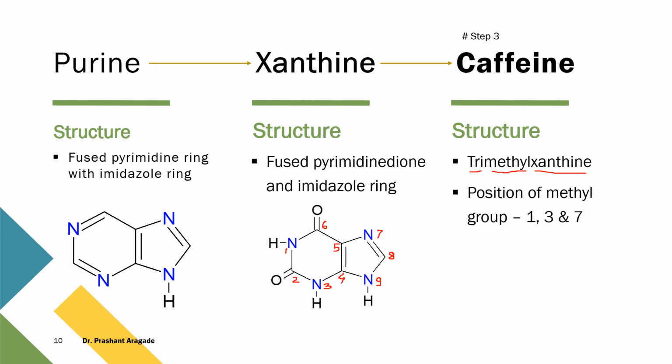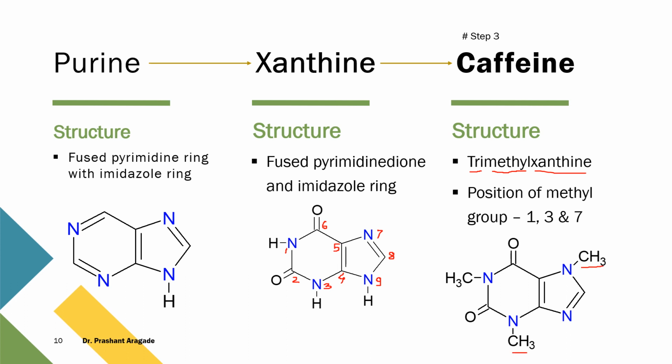At position 1, position 3 and position 7 you have to add the methyl group like this. So 3 methyl groups should be attached on the xanthine ring, and xanthine will convert to caffeine.